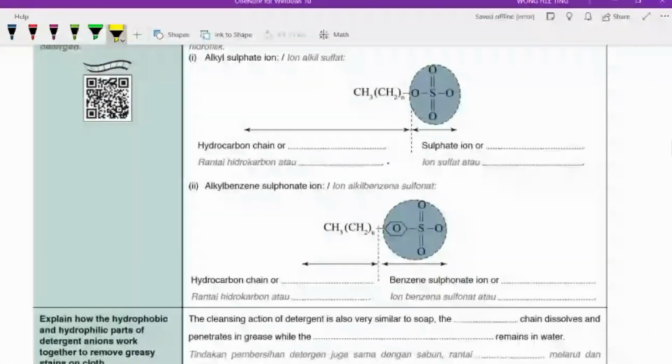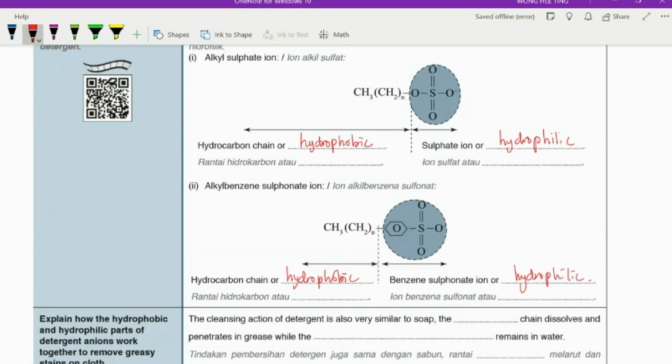Hydrocarbon chain, hydrophobic, right? The head is hydrophilic. This one is also the same, hydrophobic, and hydrophilic.